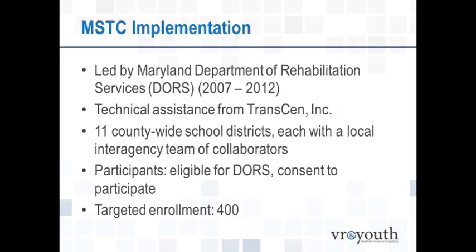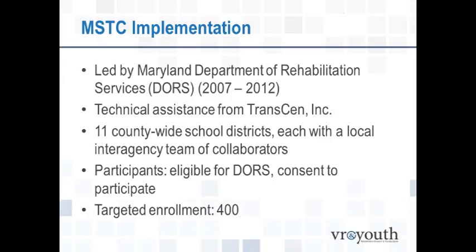The Maryland Department of Rehabilitation Services received a grant from the U.S. Department of Education Rehabilitation Services Administration to operate a 5-year program from 2007 to 2012, during which time we targeted to enroll 400 students over the course of those 5 years who would participate in this model and who would be students in one of 11 county-wide school districts.